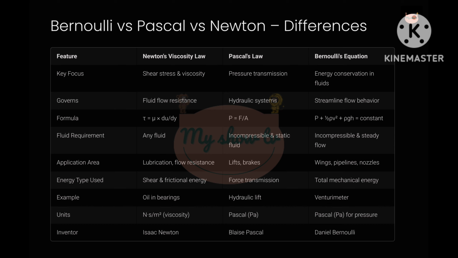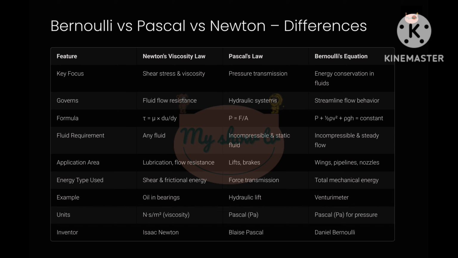6. Type of energy. Newton looks at internal resistance. Pascal's law uses force-based pressure. Bernoulli's equation considers energy transformation in flow. 7. Real example. Newton, oil in gears. Pascal, car brakes. Bernoulli, jet of water in a nozzle. 8. Units.